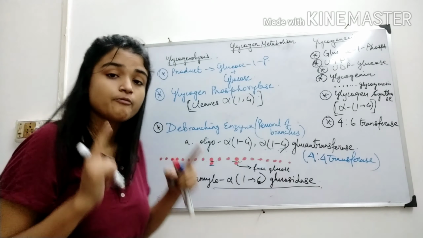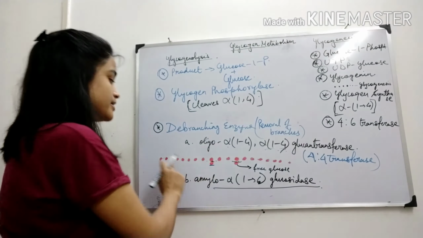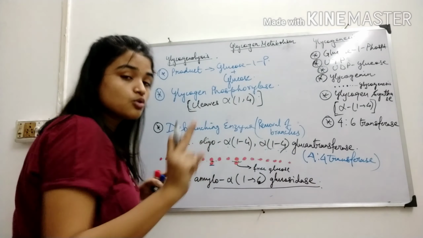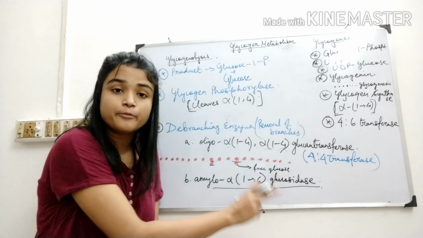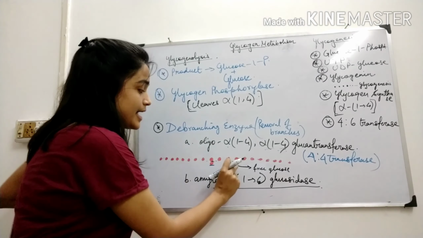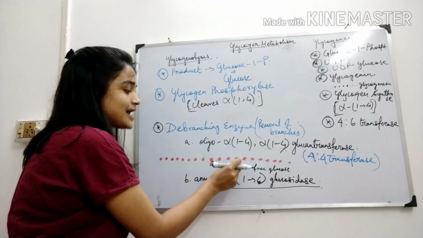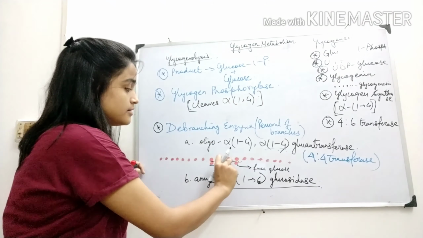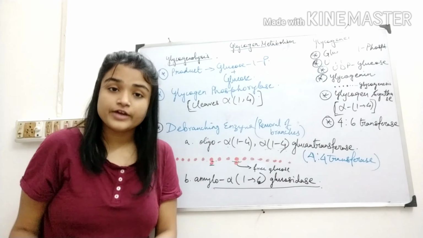No phosphate group will be attached. But when glycogen phosphorylase acts on this chain, this will give glucose 1-phosphate. When 1,4 linkages are broken, each and every unit will give rise to glucose 1-phosphate. But the last remaining glucose moiety that is attached to the main chain, their bond will be cleaved and it will give rise to free glucose.